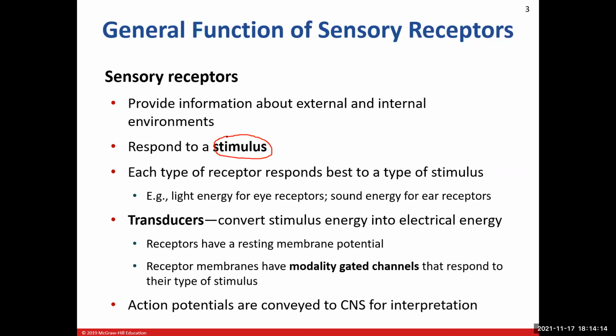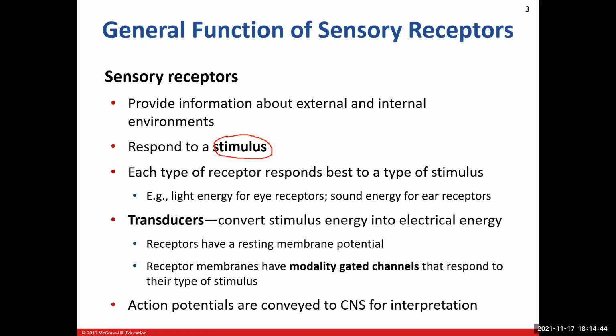For example, it could be a pressure channel in which membrane distortion from pressure, like just pressing your finger into the back of your hand, triggers a distortion in the plasma membrane. That causes those modality gates to open up, ions can flow across, and then we can alter and change our resting membrane potential.